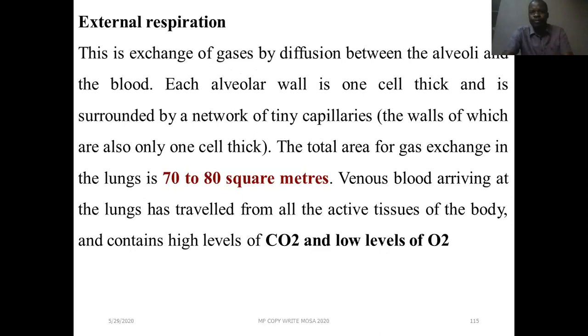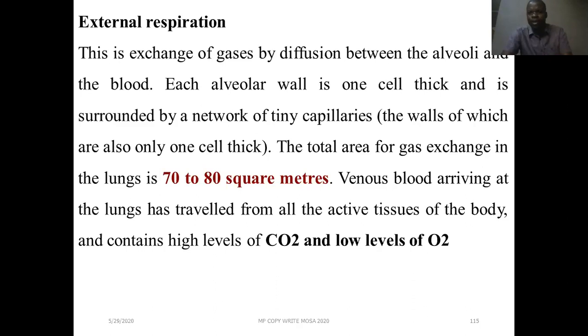But during the diffusion process, we see carbon dioxide moving from the blood vessels to the lungs, and this happens in the pulmonary arteries. The pulmonary arteries are the only arteries in the body which carry deoxygenated blood. So this takes place there, as well as oxygen.